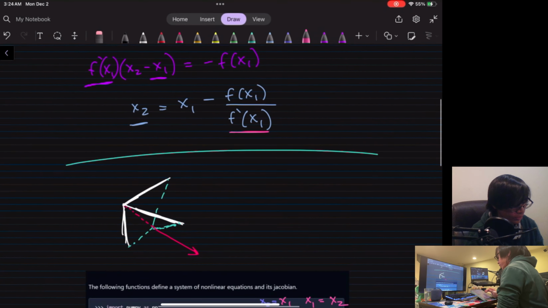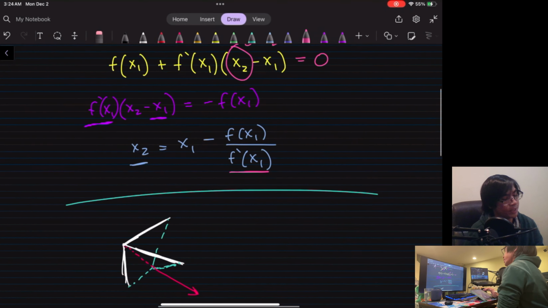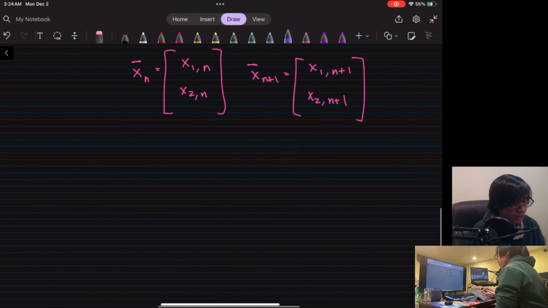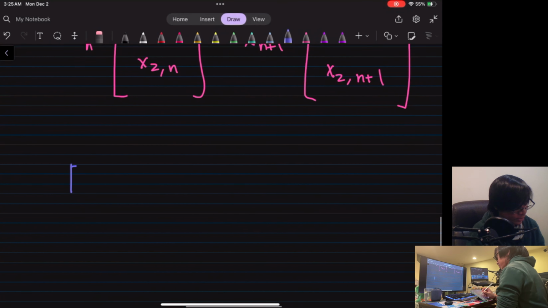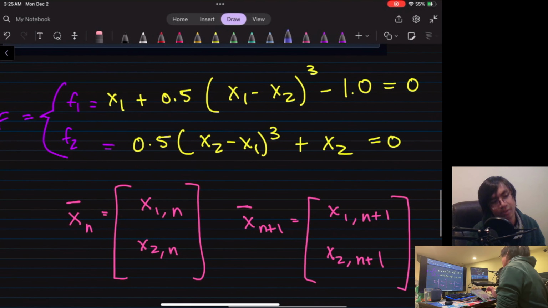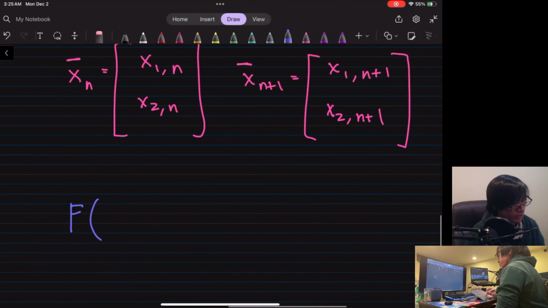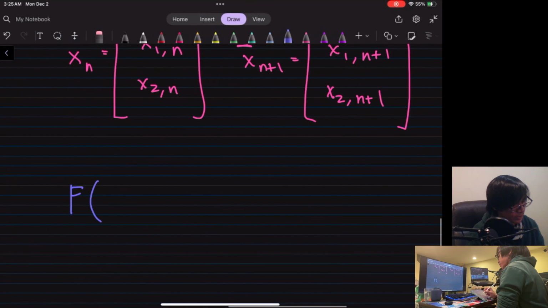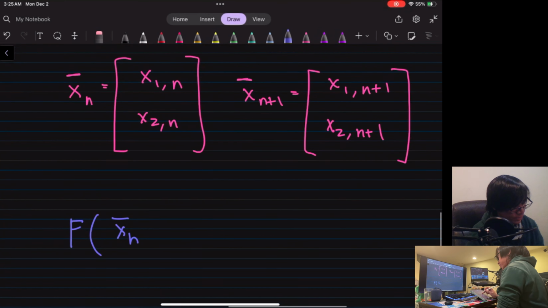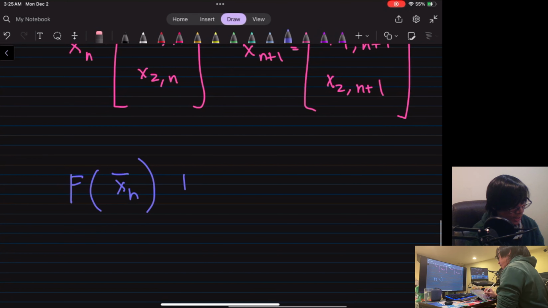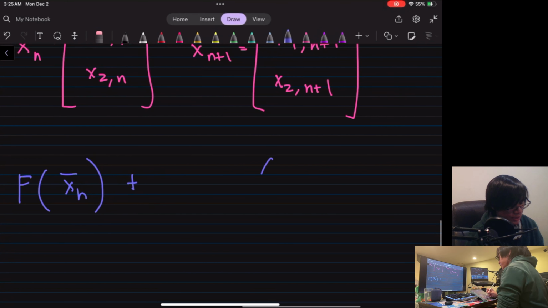So if we want to follow this same format we got up here, we start with big F, our function. So that's both of our sets of functions I wrote up here, evaluated at the current position, xn, so that's a vector of our x1 and x2 values. I use a bar. And then added to that, we have our change in x.